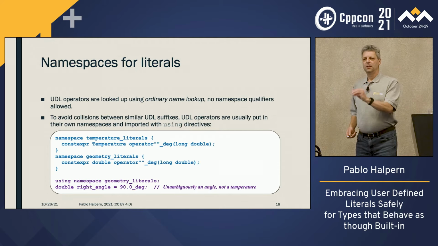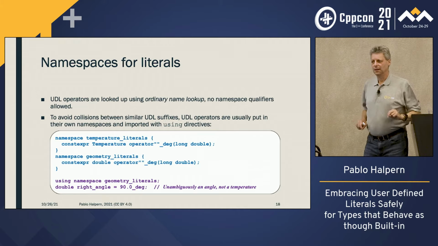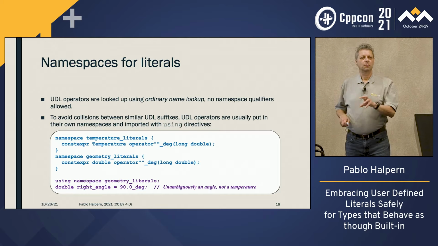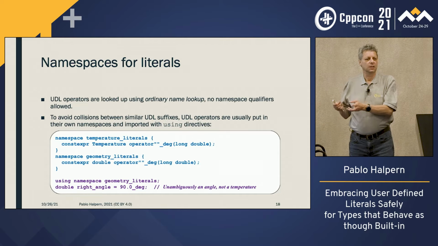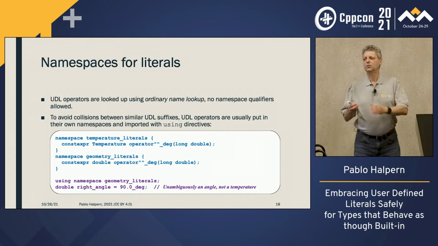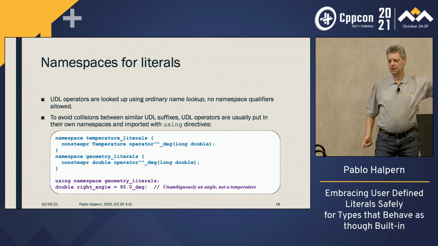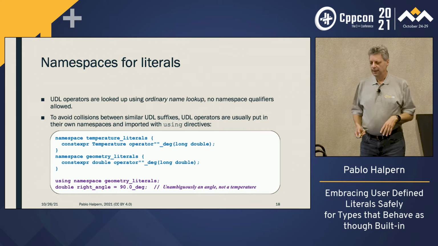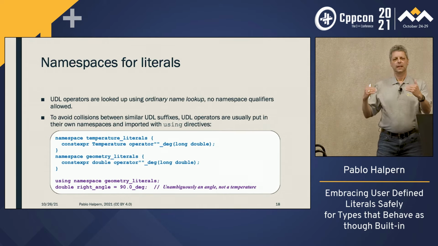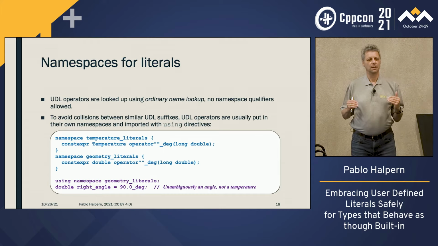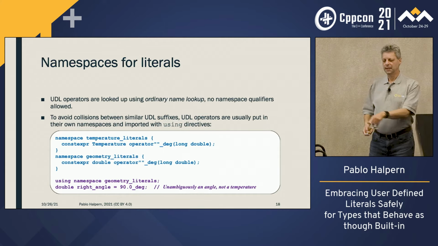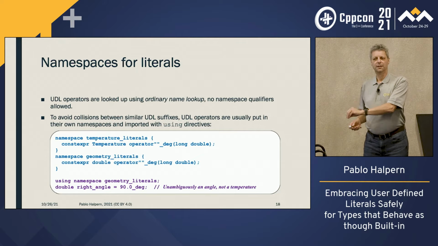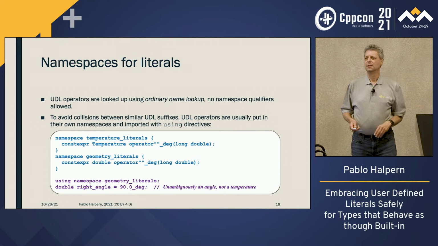When you specify a literal, like 123 underscore DEG, you don't have a place to put in a namespace or any kind of scope resolution. So if these things were all sitting in the global namespace, you would get collisions, right? But by putting them in their own namespaces, we allow this last thing here. You just pull in the namespace of the literals you care about, and then you use them. So in our last example here, this 90 degrees is unambiguous. We're talking about angles, not temperatures. Is that clear?